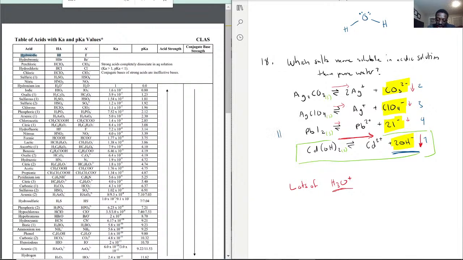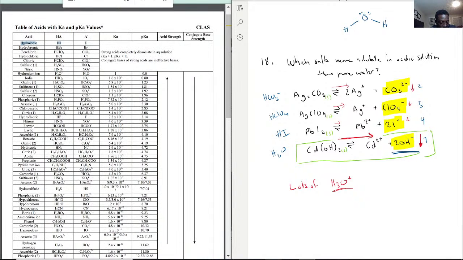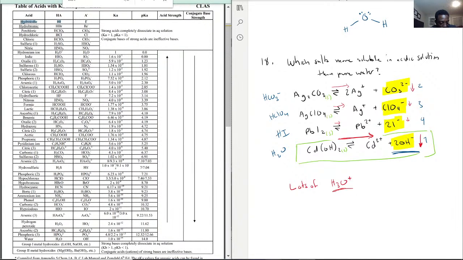So they had HI for this one, H2O, HClO4, which is also a strong acid called perchloric acid, and they had HCO3 minus, which is the one we saw. Where is it? I know I saw it earlier.